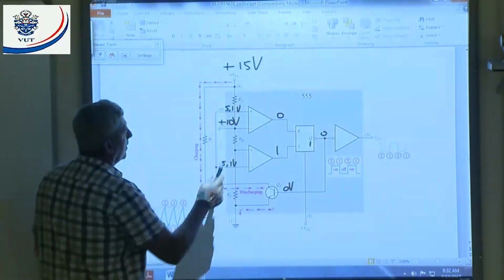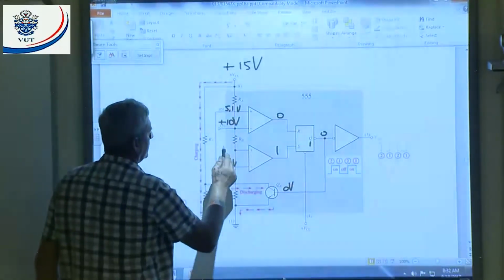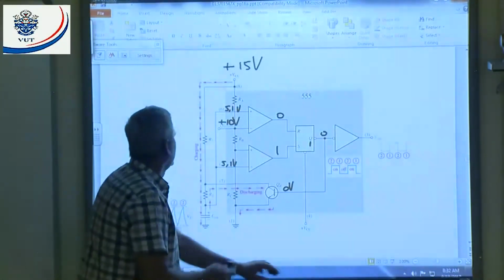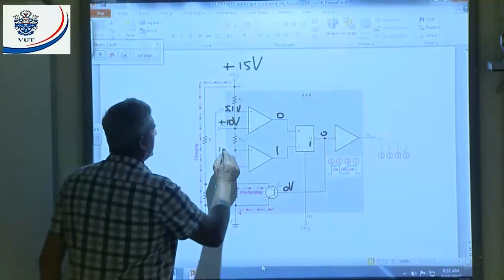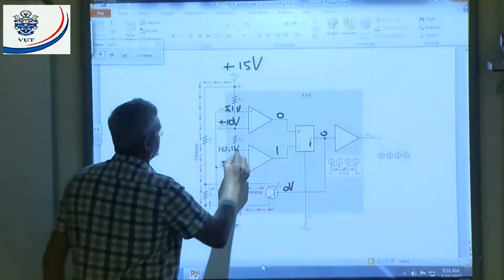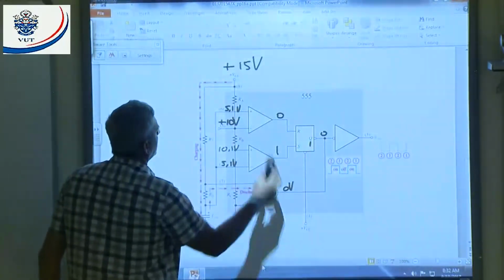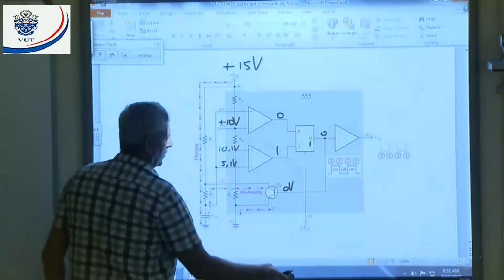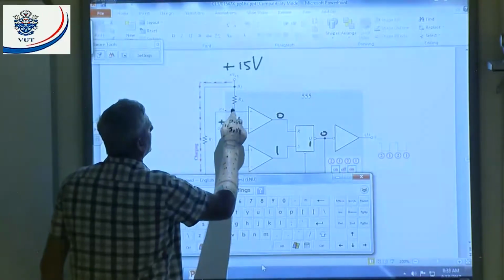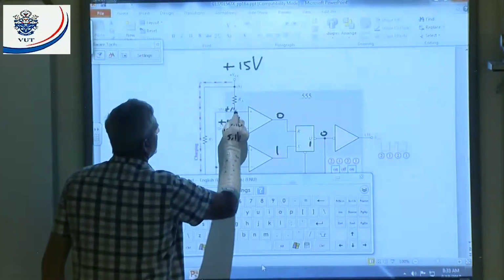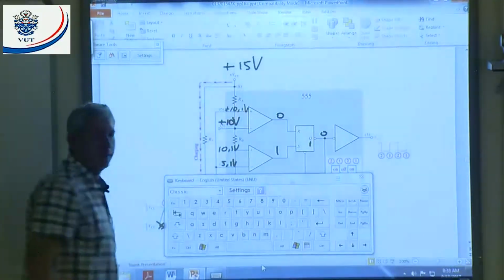Now let's say I got a positive here of 10,1 volt. That means the voltage there will also become plus 10,1 volt. You agree?